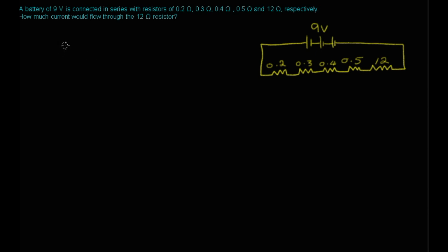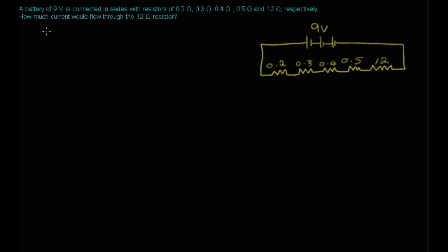Okay. Now, for finding the current flowing through the 12 ohm resistor, first of all we need the total resistance of the circuit. Here we have 1, 2, 3, 4, 5 resistors connected in series.